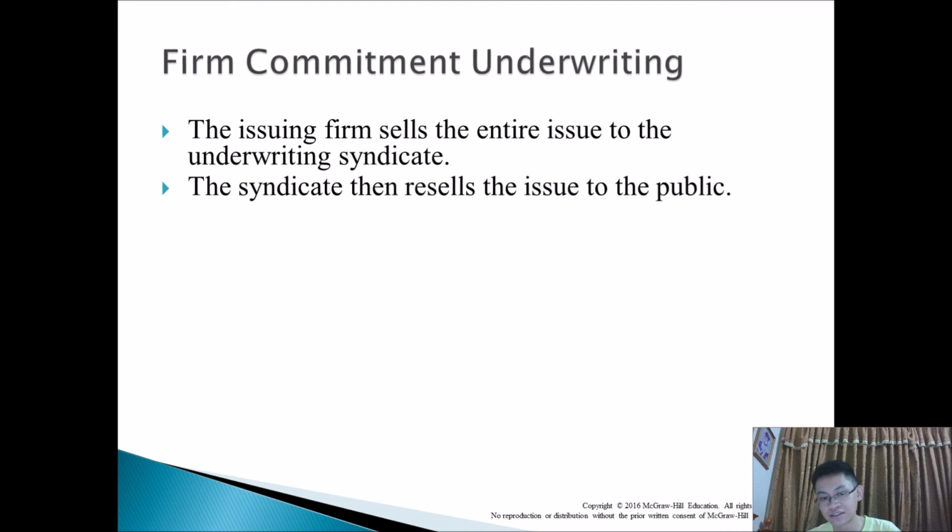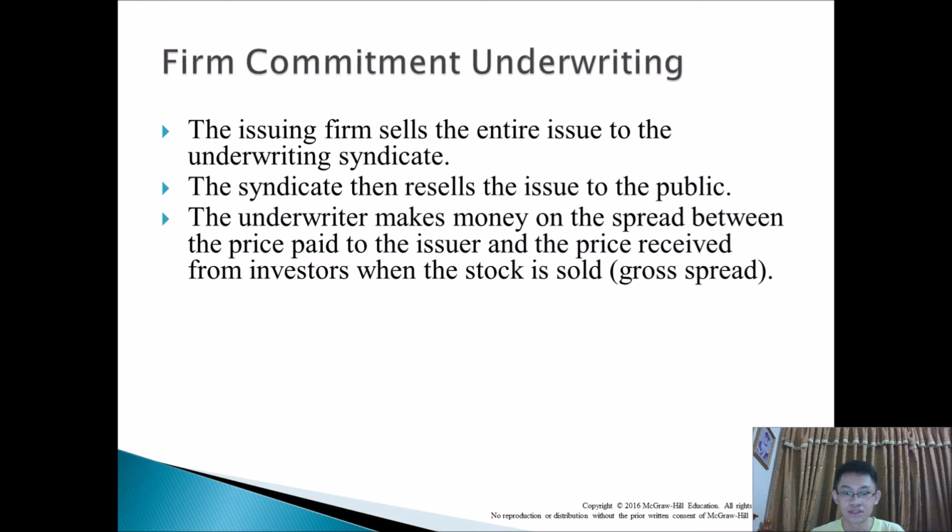After that, the syndicate will then resell the entire issue to the public. They make money on the spread between the price paid to the issuer and the price received from investors when the stock is sold. This is also known as the gross spread or underwriting discount. Basically, it's just the compensation received by the underwriter.